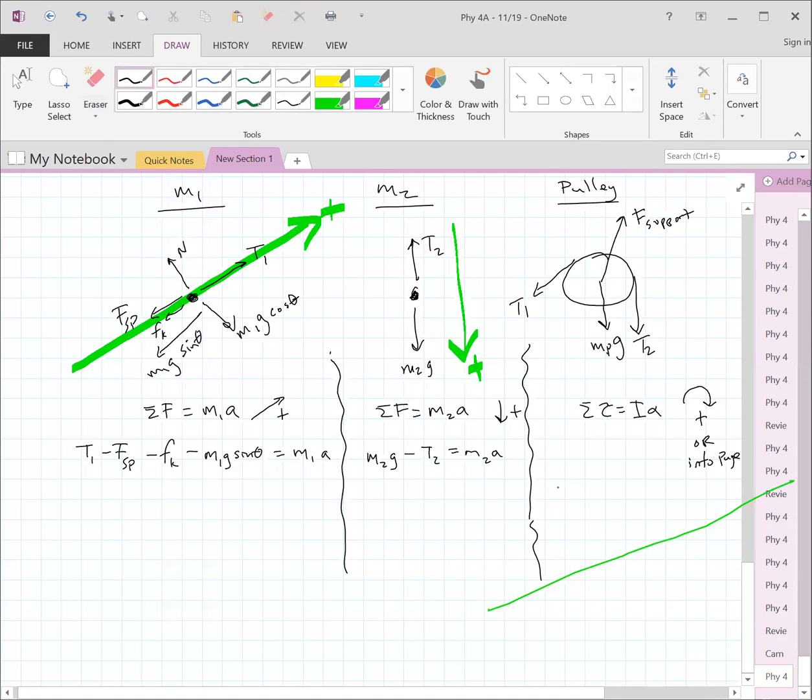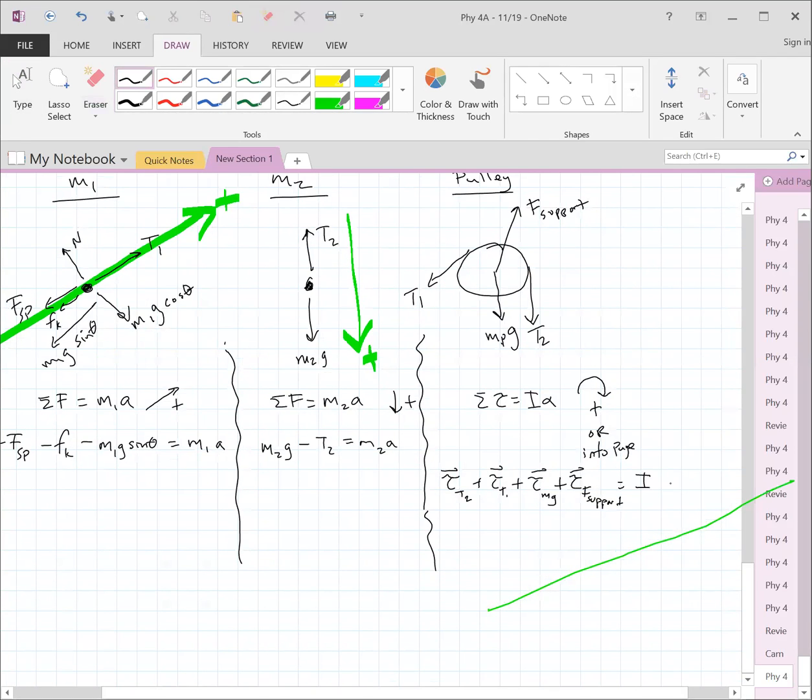The torque from T2 plus the torque from T1 plus the torque from mg plus the torque from F support has to equal I alpha.